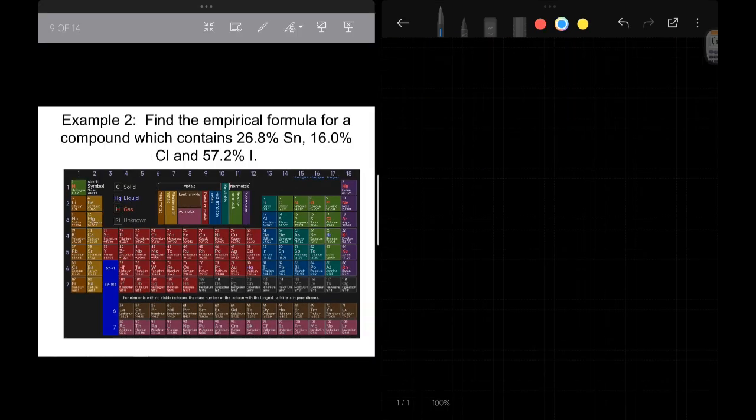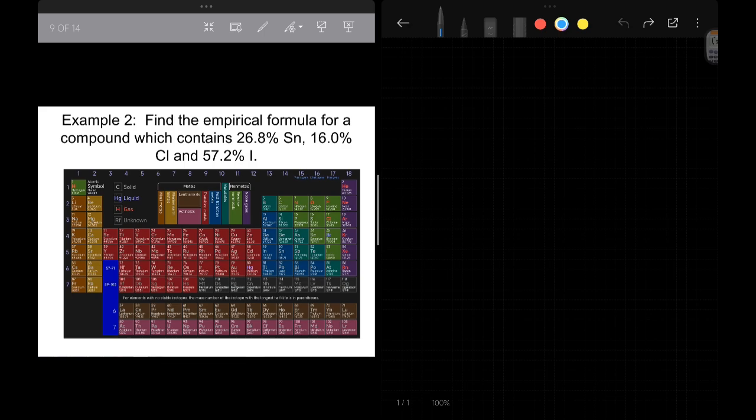Okay, so let us try this again for example number 2. Find the empirical formula for a compound which contains 26.8% of tin, 16.0% of chlorine, and 57.2% of iodine. So again, we'll just simply write first all the given.